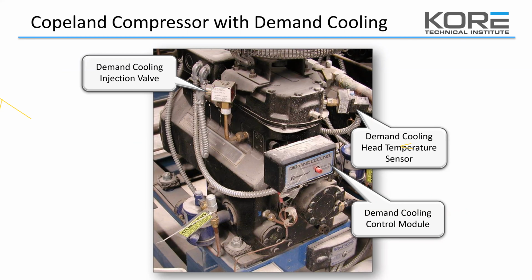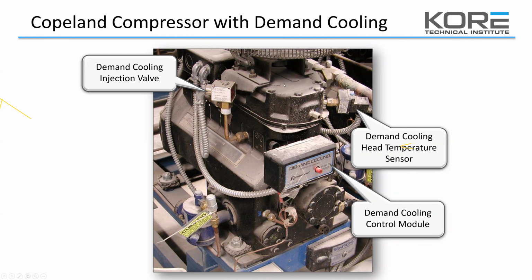Another thing to point out here that we didn't discuss, if you look at the top of this picture, you can just barely see the bottom of the head cooling fan. You'll see it frequently in the R22 low temp applications, but you'll also see it in the 507 or 502 based low temp application. There's a fan that actually blows air down onto the cylinder head, and that aids in cylinder head temperature control by keeping the casting a bit cooler.